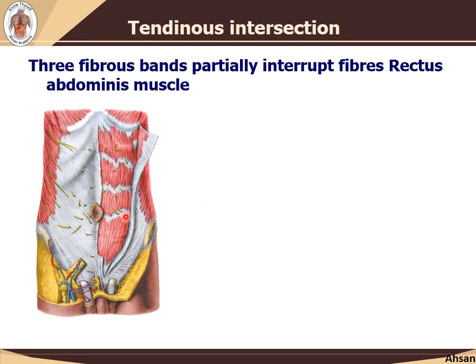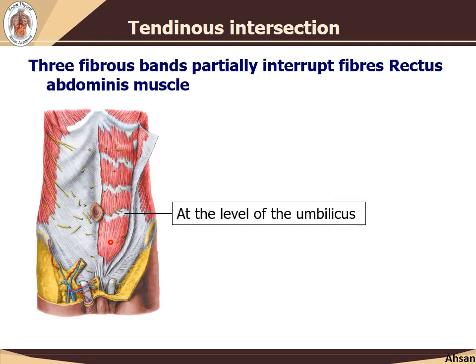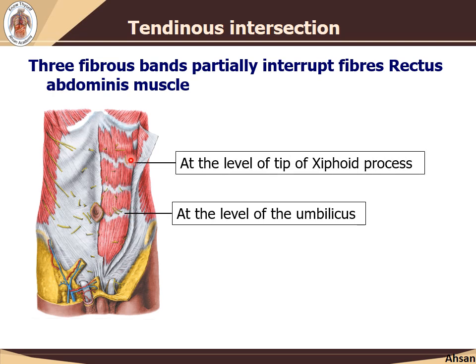This band of fibers partly covers the thickness; it is not covering the whole thickness of the abdomen. One fixed intersection is observed at the level of the umbilicus, another at the level of the tip of the xiphoid process, and in between these two is another one.